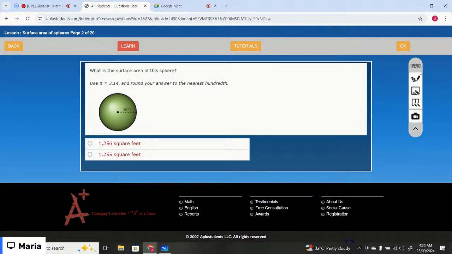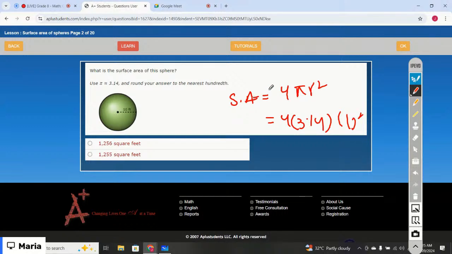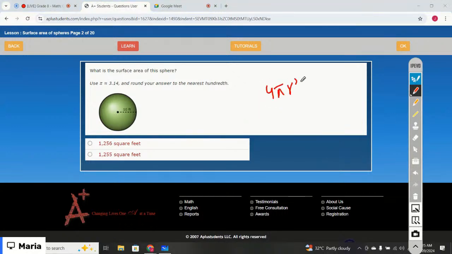That is the surface area equals 4 pi r square. This is the formula you're going to use, right? So you have 4 pi is 3.14 and r is 10. So let's just do the calculations.